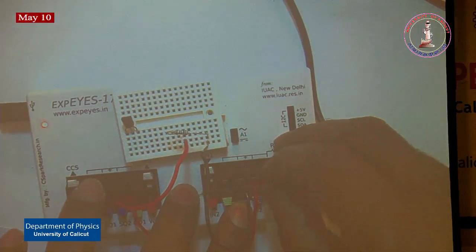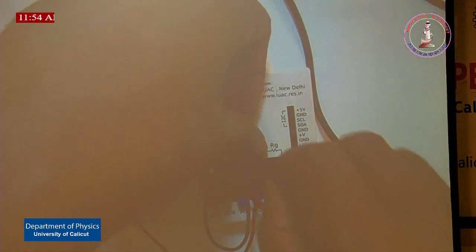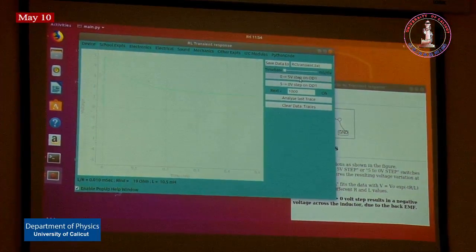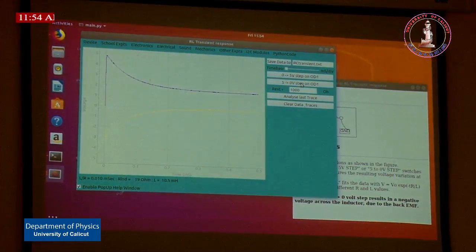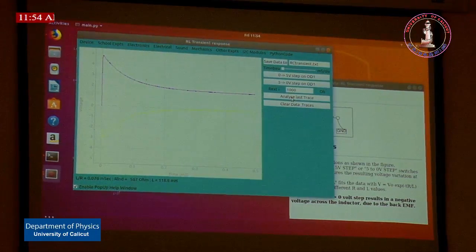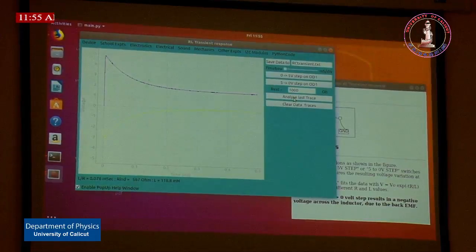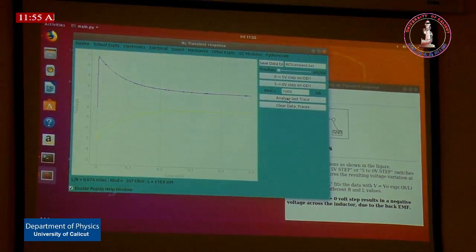All of you are doing this, right? So we are back to this coil. The measurement gives us 118.8 millihenry. This way you can measure inductance: make an RL circuit, see the current waveform and fit it mathematically to get the R by L ratio. R is known, so L is calculated.